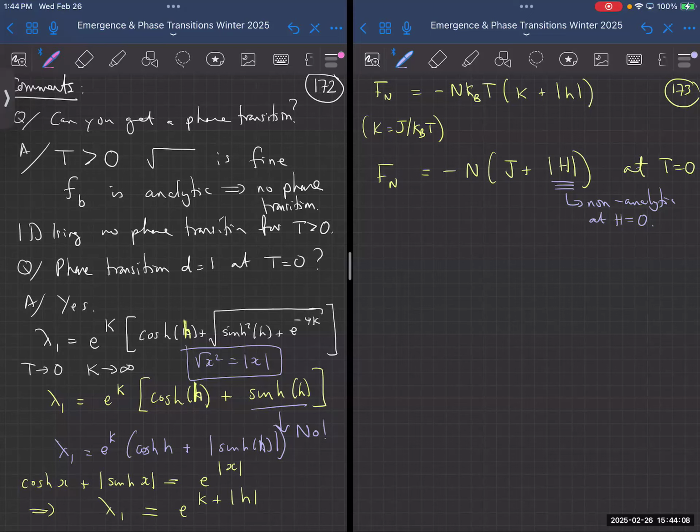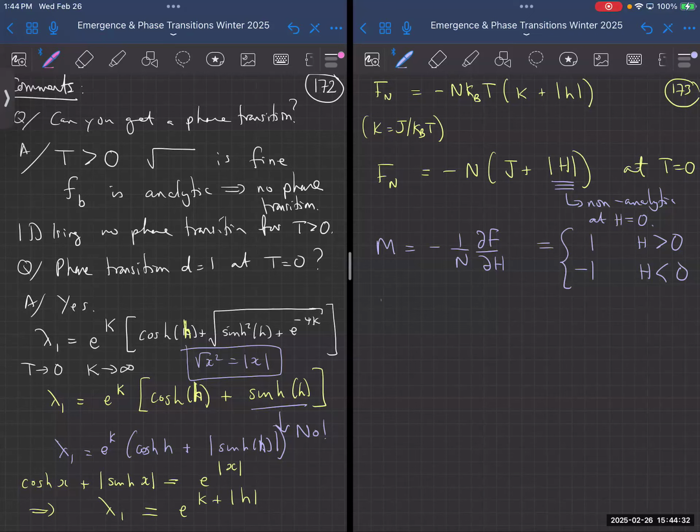So let's compute the magnetization. That's minus 1 over N dF by dh. You can see from this formula, just doing the differentiation, there's only h to the first power. So I get 1 when h is greater than 0 and minus 1 when h is less than 0.